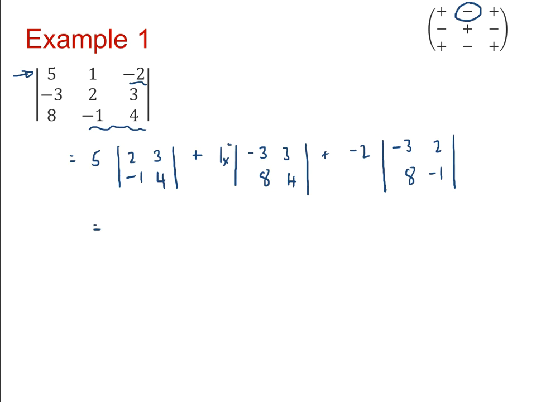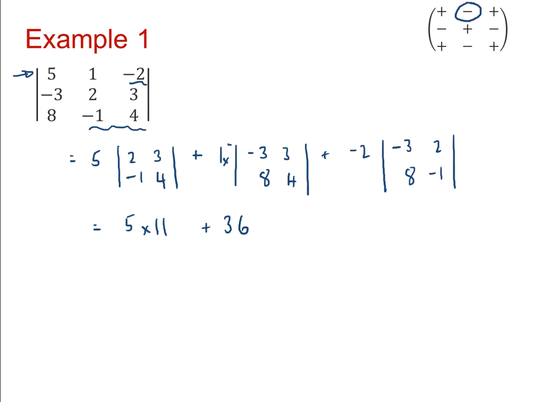Now if we calculate those, the first one is 5 multiplied by 11, so 8 minus negative 3 is 11. The second one we've got in the determinant negative 12 and then minus 24, it's negative 36, but we want minus of that, so that's plus 36.